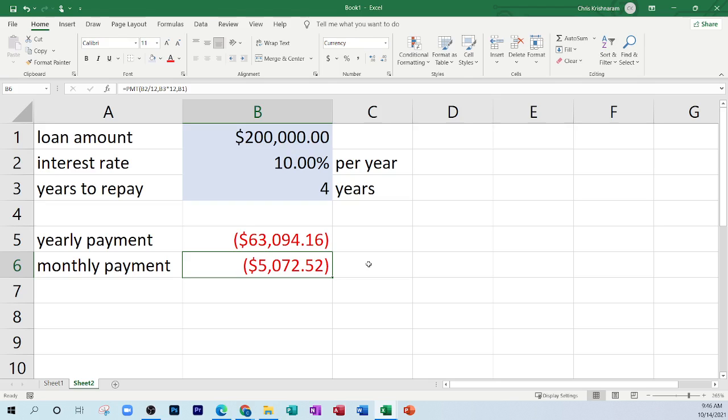Any questions? After you writing, what do you type into to get the payment, the yearly payment after writing the loan amount, the interest rate, and the years to pay? What do you type in so you can get the yearly and monthly payment? Remember, this information the bank is going to give you, so it's based on your personal information.